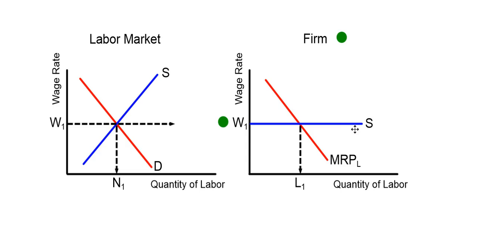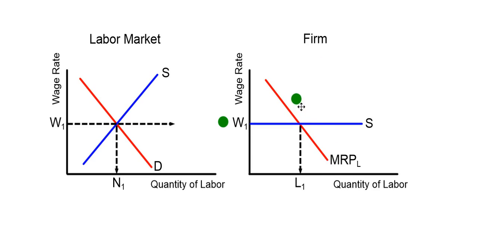And then the marginal revenue product of labor is the firm's demand, so this curve right here is going to be equal to the demand curve for the firm in terms of labor. We just draw that as a downward sloping curve here.